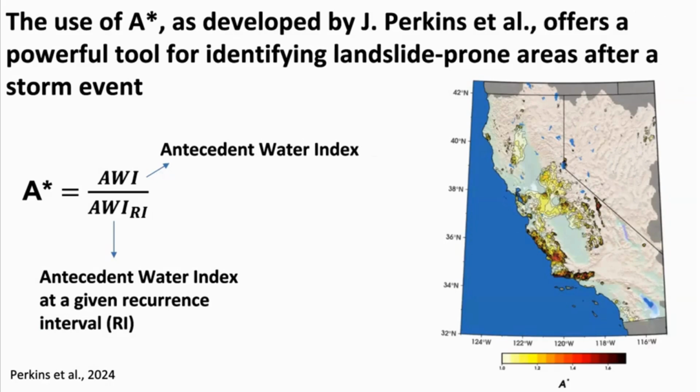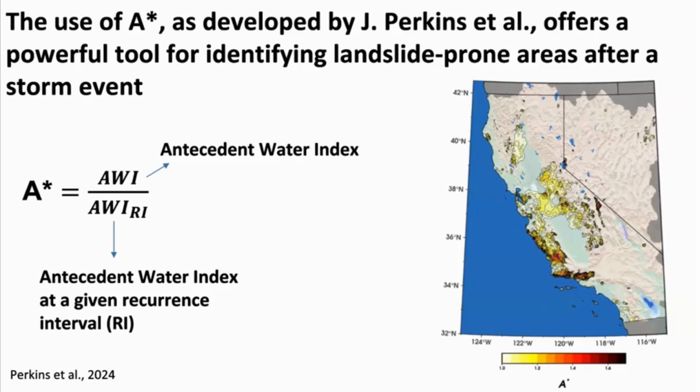We use the antecedent water index to simulate soil moisture. We then calculate the average soil moisture for each day over 15 years, which would be our AWI recurrence interval. Then we compare today's soil moisture to this average to find the anomaly. We adjust the anomaly to make it a standard measure, which is A-star. Then we set a threshold for A-star to identify high landslide risk areas, and we used historical landslide data to create the threshold.